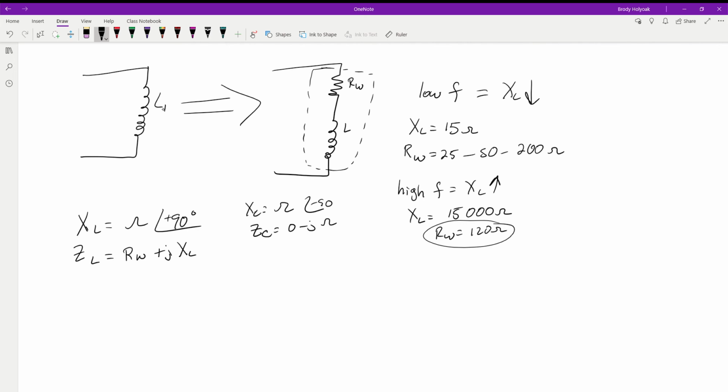But with the inductors, they're a little bit more of a complicated beast, and so we have to take into account this winding resistance. So RW is winding resistance, and that's just the physical resistance of that coil of wire. And you measure that by hooking it straight up to your DMM.